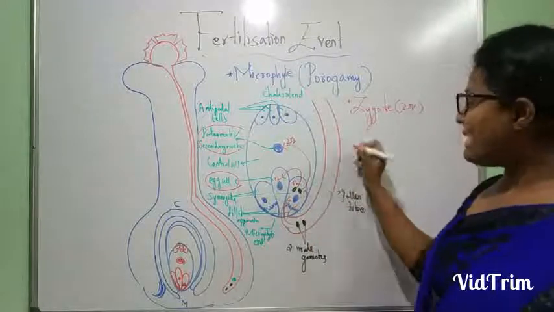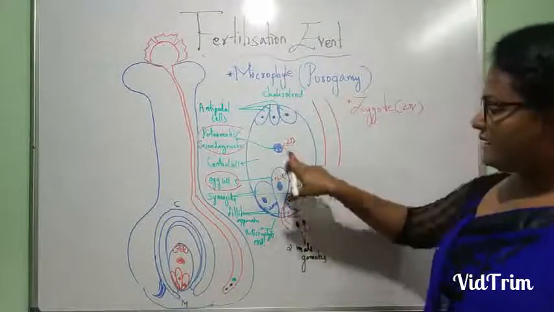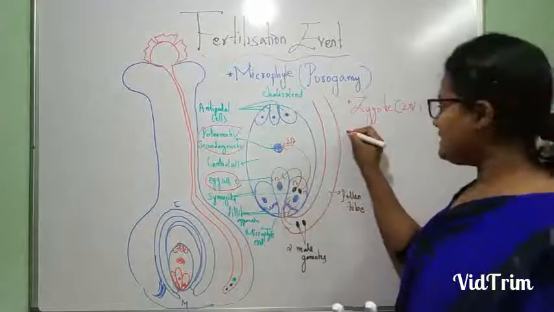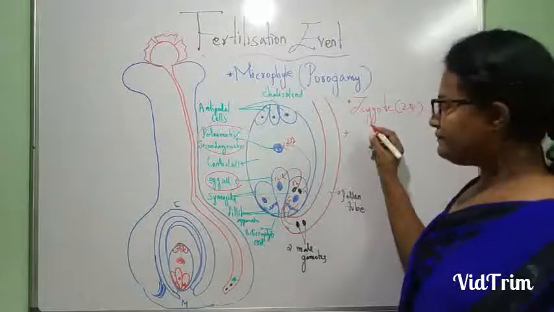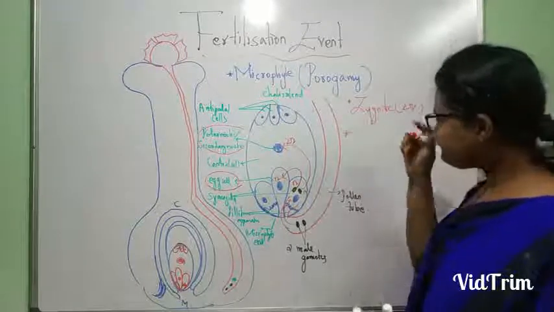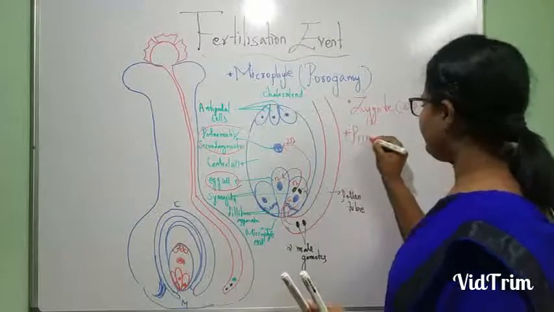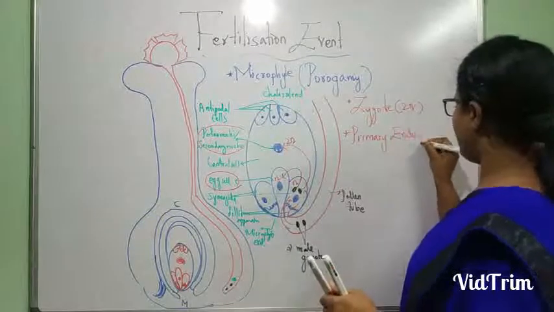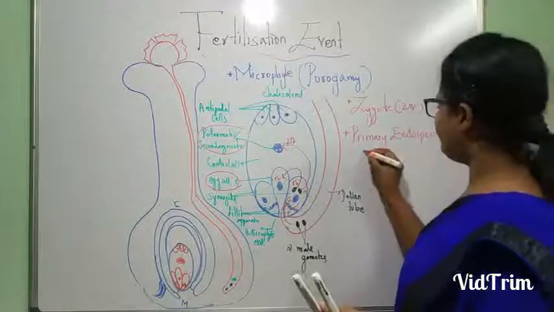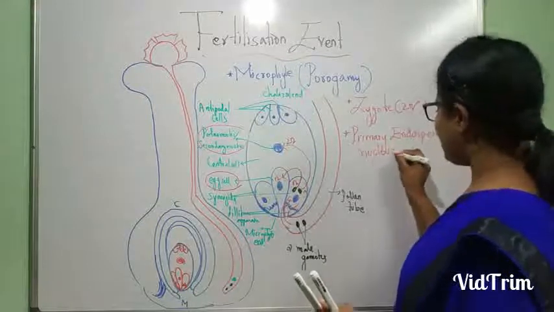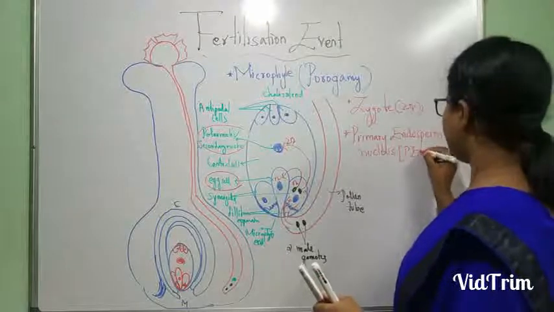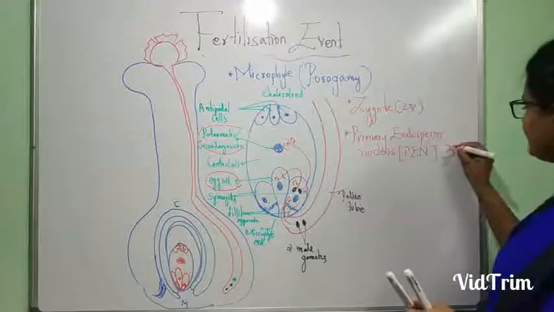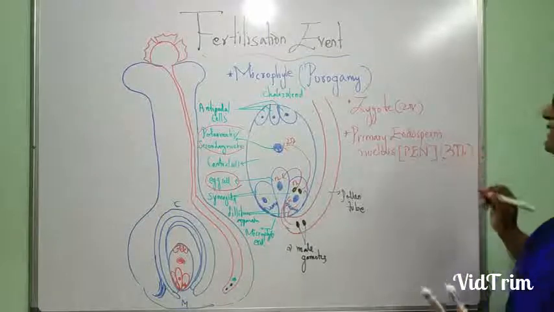The fusion of one male gamete and the polar nuclei or secondary nucleus forms the primary endosperm nucleus, or PEN, which is now 3n in nature.